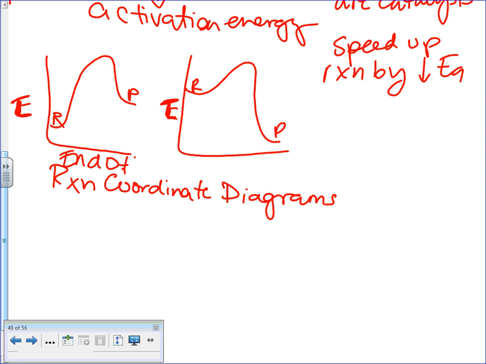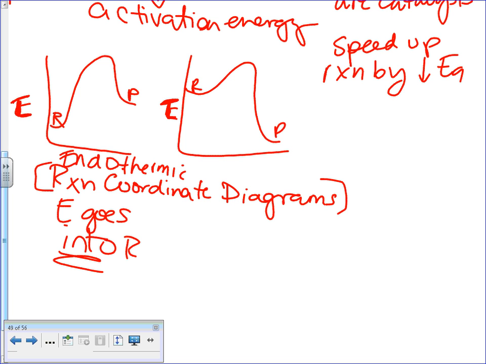So endothermic is when energy goes into the reaction. If reactants on this one start high and products end at low energy, energy was obviously exported out, released, emitted, whatever you want to say.